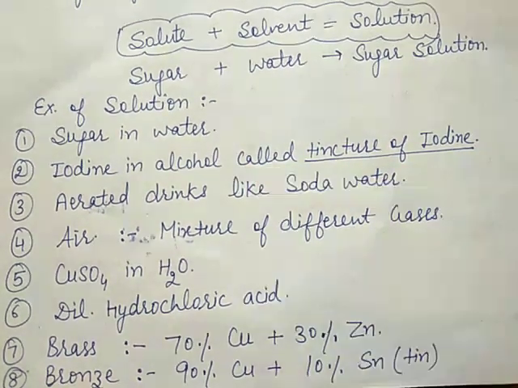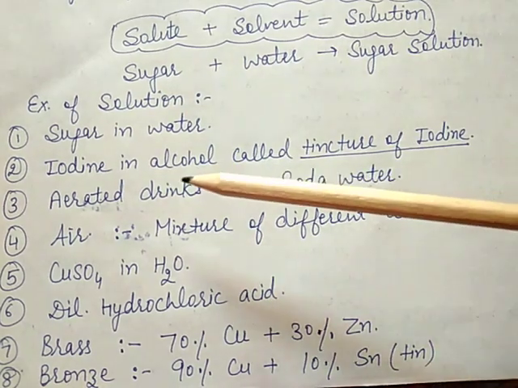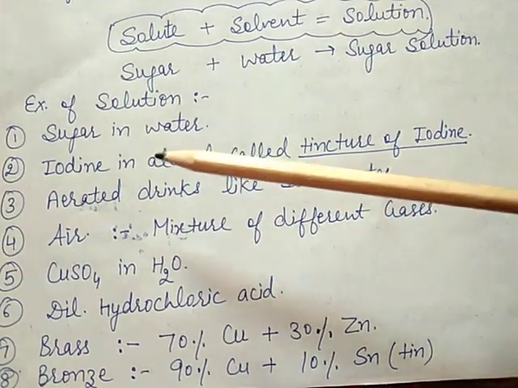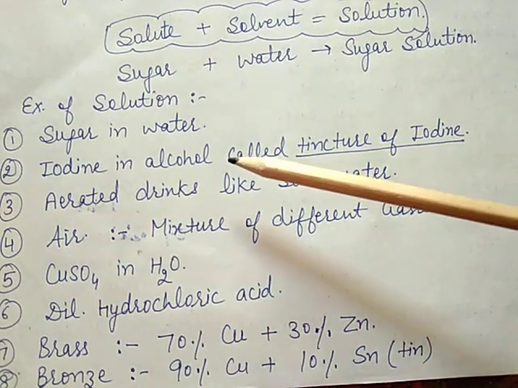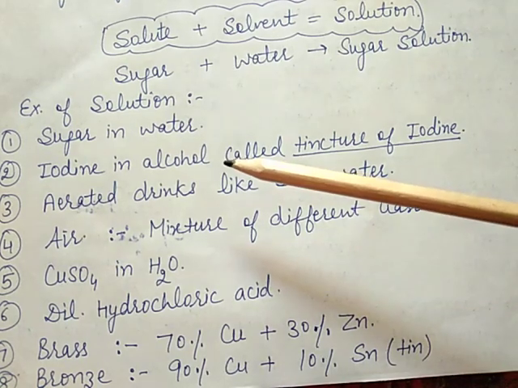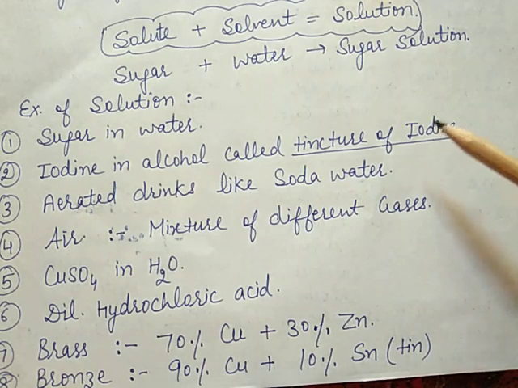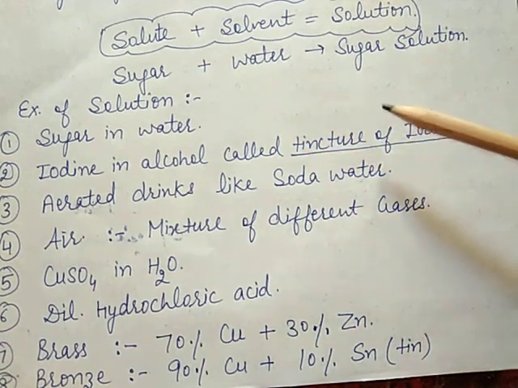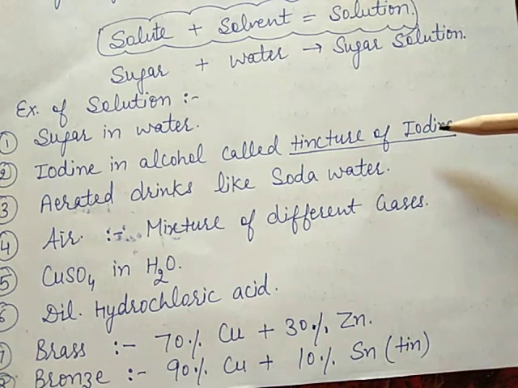Iodine is the solute. It is a violet color solid, and alcohol, it is ethyl alcohol. It behaves as a solvent, and the solution is called tincture of iodine. Tincture of iodine is an antiseptic agent in the case of wounds.